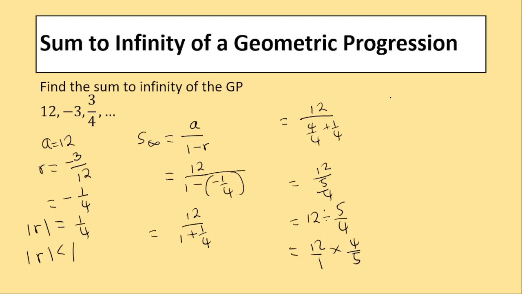So we have 48 over 5. The sum to infinity will give us 9, 9, that's 45. Okay. Or we can simply say 9.6.